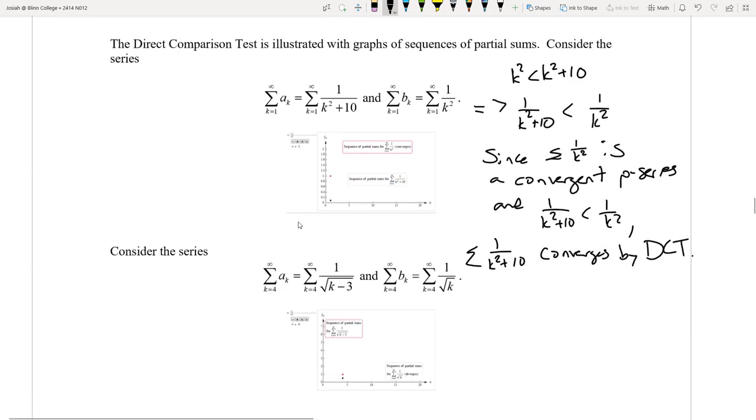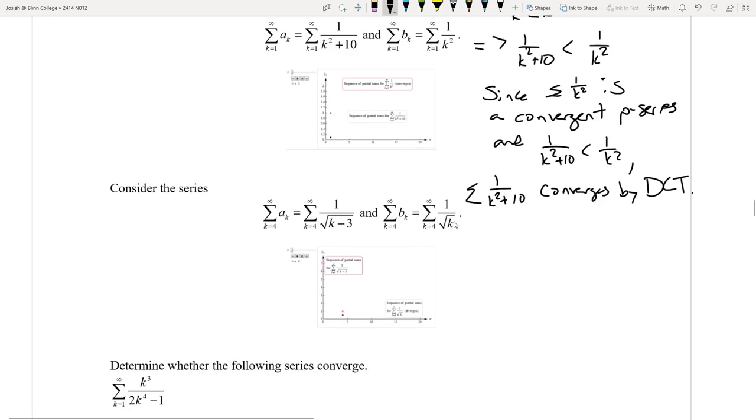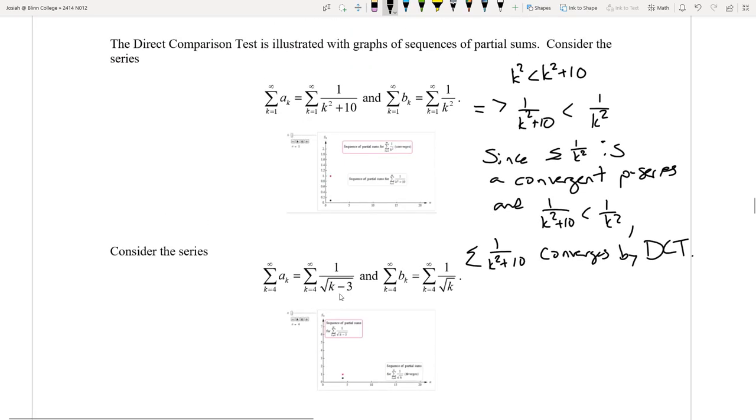All right. On the other hand, we look at another p-series, 1 over root k. With 1 over root k, the p there is 1/2. That means this guy has to diverge. And so we look at this guy here as our comparison. We see that the index is now 4 because we established the comparison starting with k equals 4. We'll do the same kind of thing.